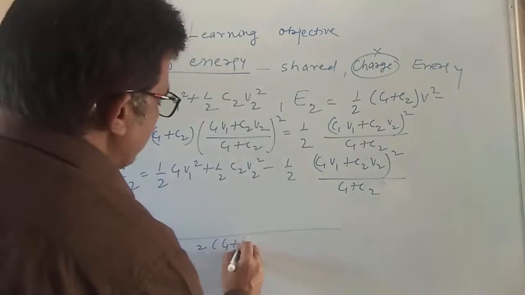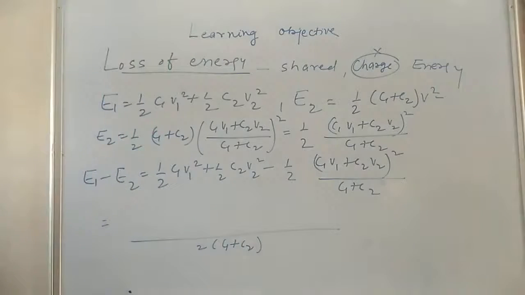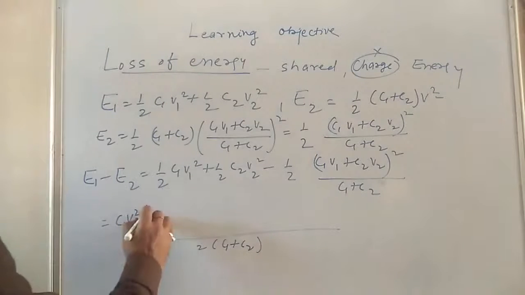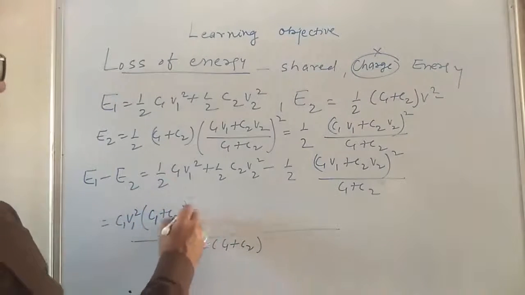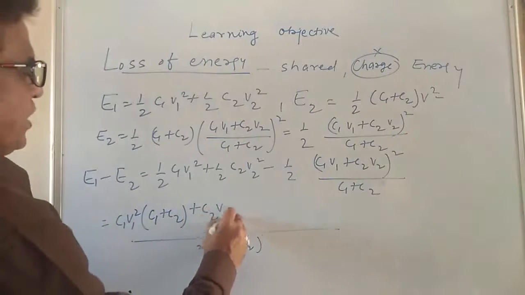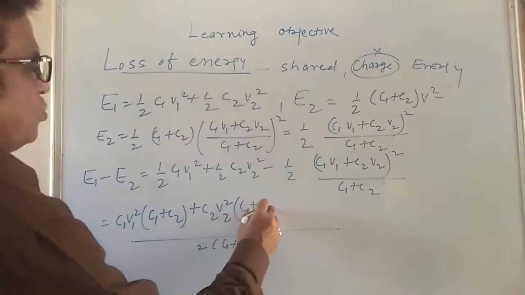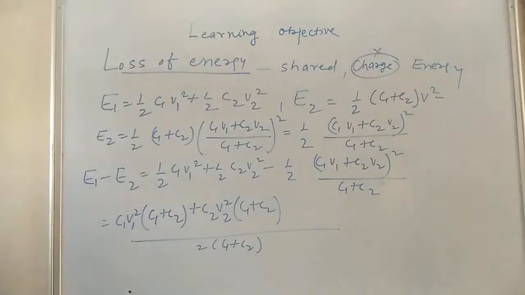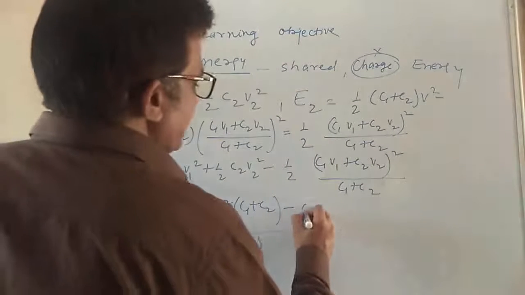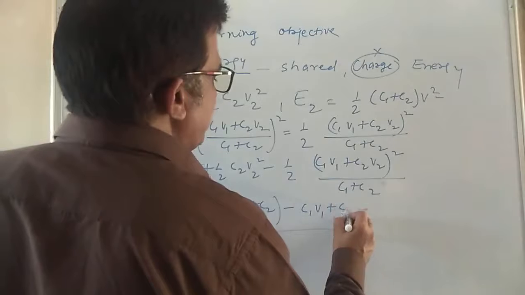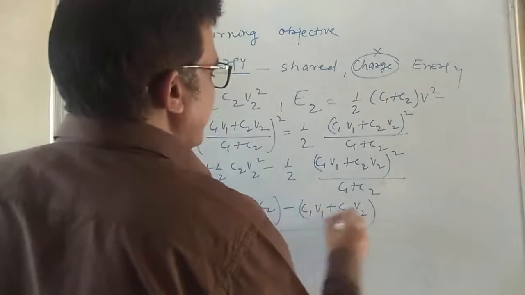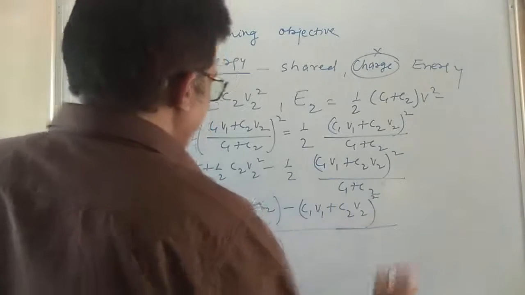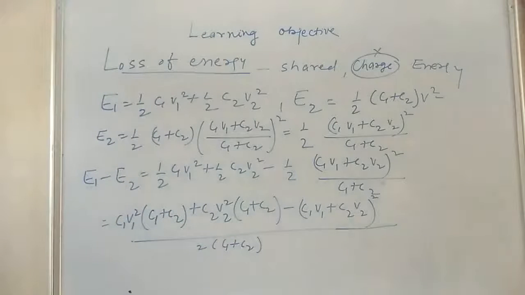Twice of (C1 plus C2) is the LCM here. So here I can say C1 V1 square into (C1 plus C2) plus C2 V2 square into (C1 plus C2) minus (C1 V1 plus C2 V2) whole square. Then solve it.